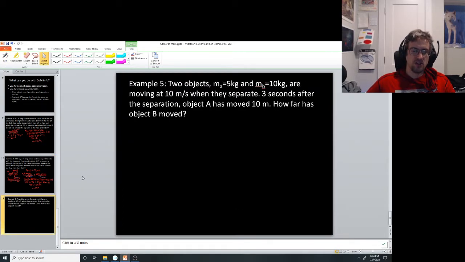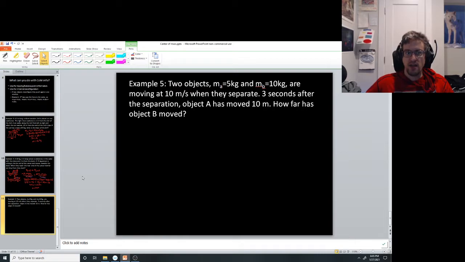All right, this one's a little tricky because this is a problem you could easily be doing without center of mass. It is slightly easier to do it with center of mass than without. So this is a similar problem, except in this case it starts out moving. We got an object that's moving and it separates. Again, an internal reconfiguration.